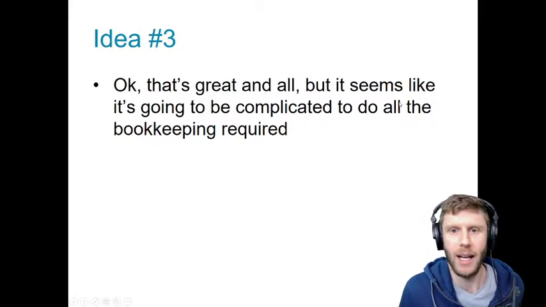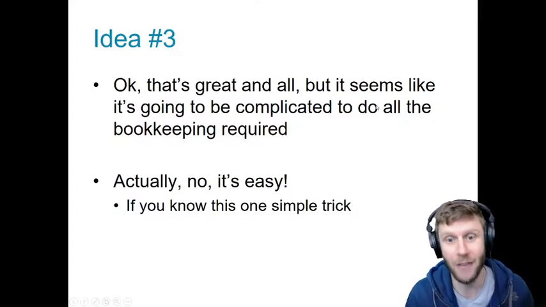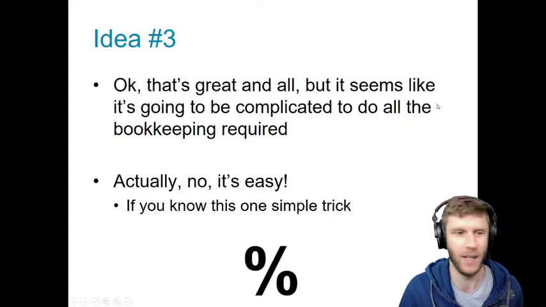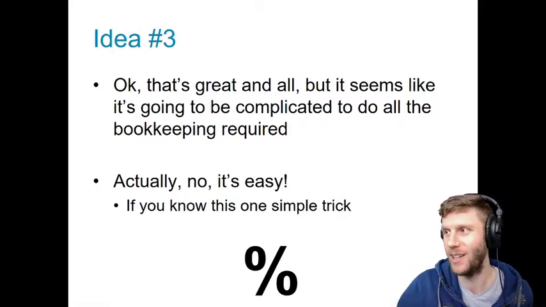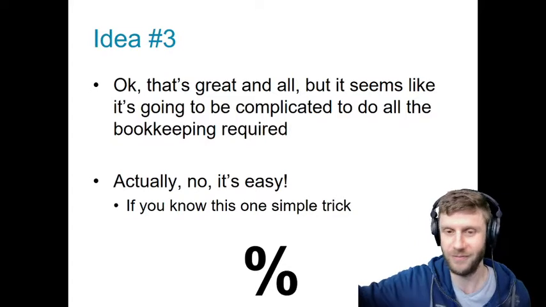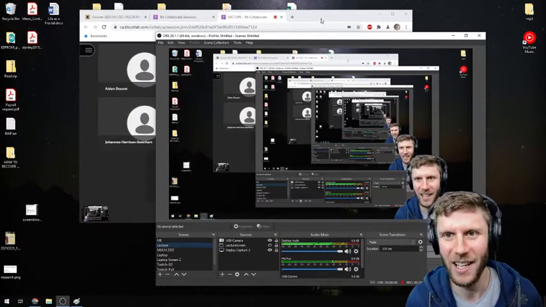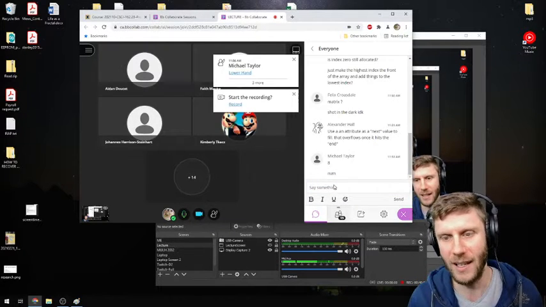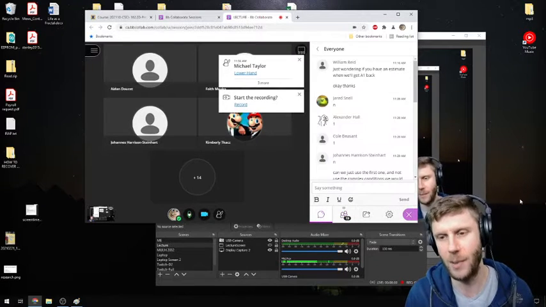It's going to be complicated to keep track of all this bookkeeping, but it's actually really easy if you know one simple trick. Some of you may already be familiar with it: percent, or mod. Who here has used the modulo operator before? Put up your hand, I know you have. So what does it do? It basically does division, but tells you the remainder.